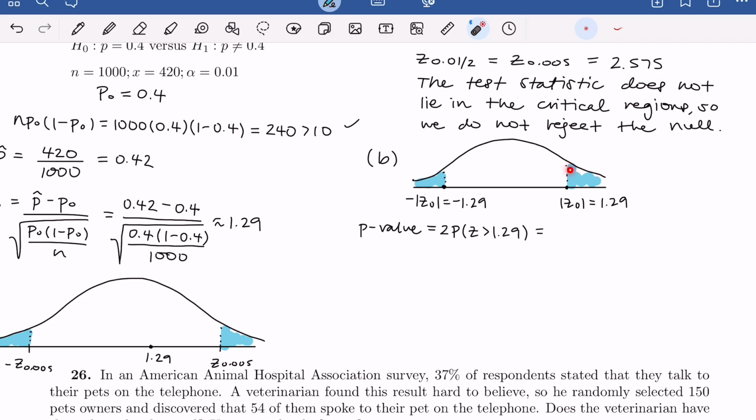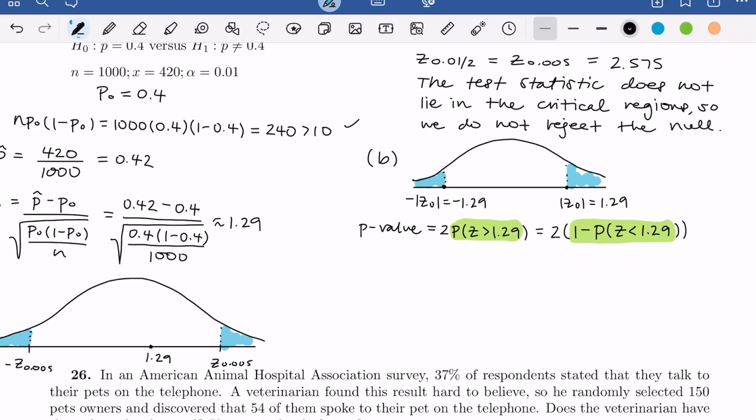So if we want to find the area to the right of this guy, we're going to have to take this whole thing and then subtract out what we find to the left of this guy. So this value is going to end up being 2 times 1 minus the probability that this guy is less than this 1.29. All right, so just to emphasize, we've seen this before in previous videos. This entire thing is the same thing as 1 minus this guy.